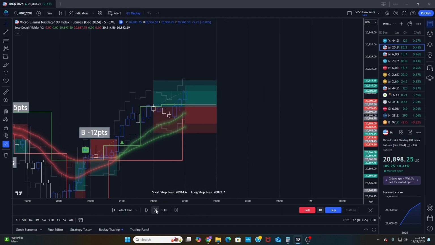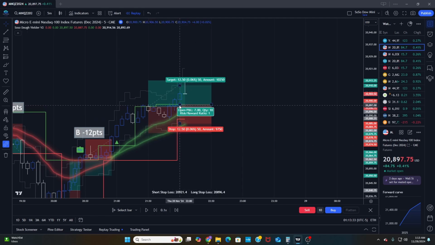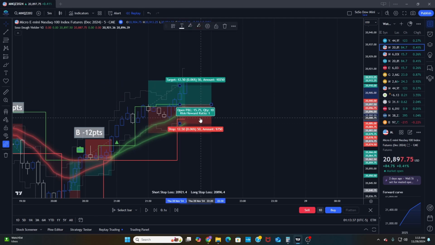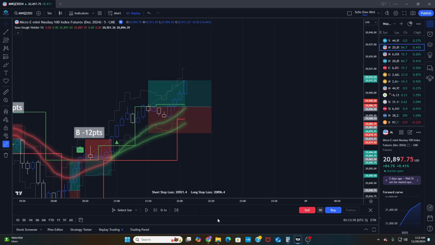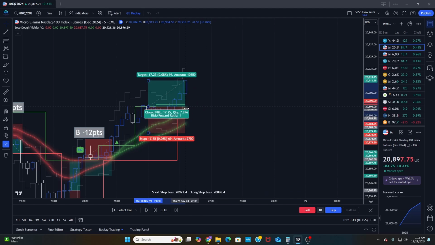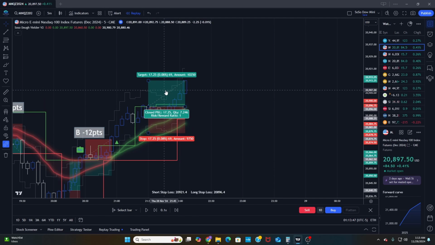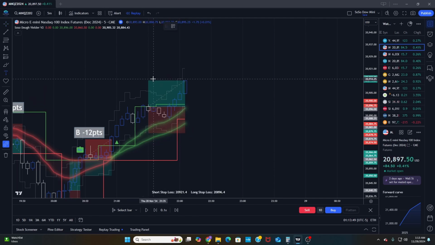Okay, so we have not gotten entered on that trade because it has not come back down to that level. Since we hit our take profit on the first trade, just remove this trade because we never actually got entered on it. So it's 17.25 points. That was an A trade.